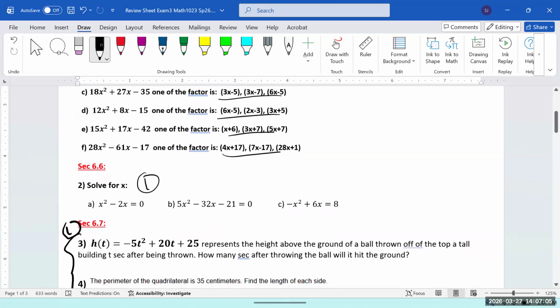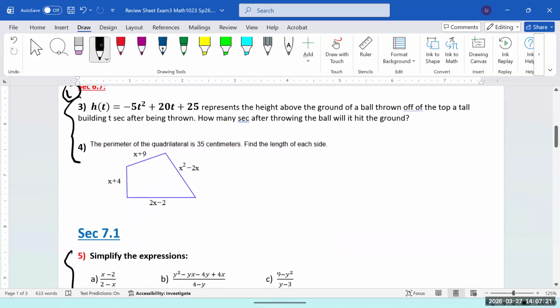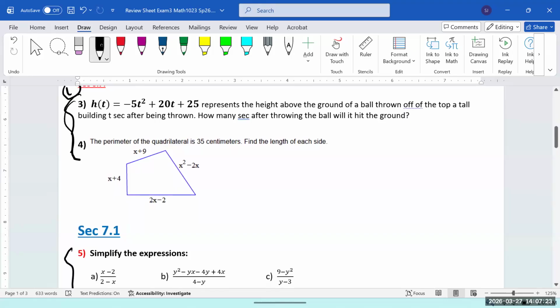And you must show your work. You cannot guess. One from solving, or maybe 2. We have 2 types, 2 terms and 3 terms. So definitely 1 from solving. 1 from the application.